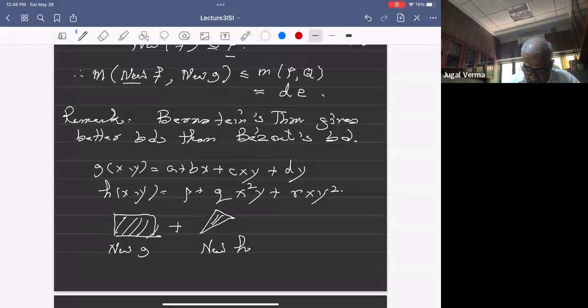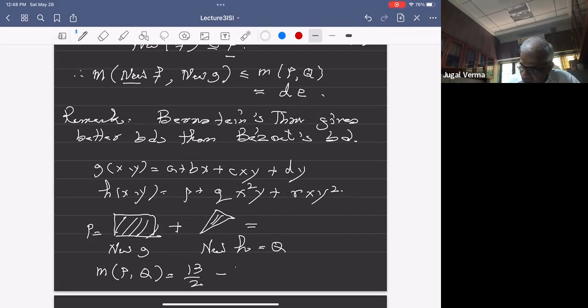You can calculate their Minkowski sum; it will be some polygon, and if you plot P plus Q, its area you can find out. It's 13/2.